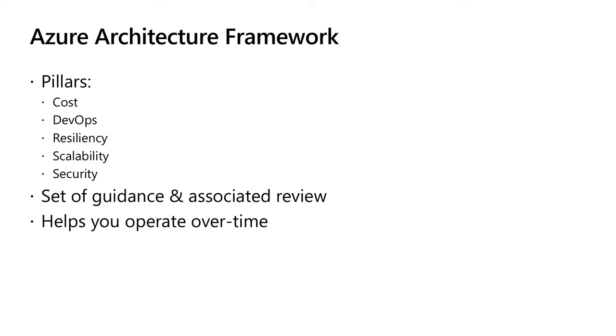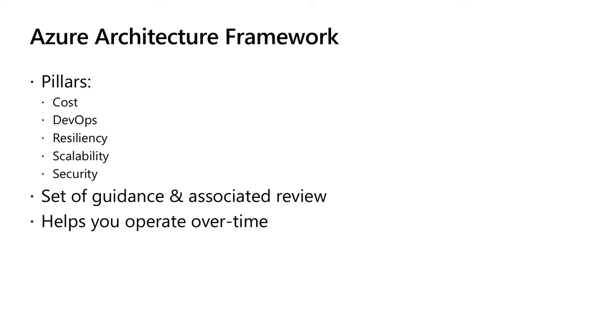Cool. So the Azure Architecture Framework really consists of 5 pillars: cost, DevOps, resiliency, scalability, and security. For each of those, we have a pretty comprehensive set of guidance, and we'll go into each one a little bit more.